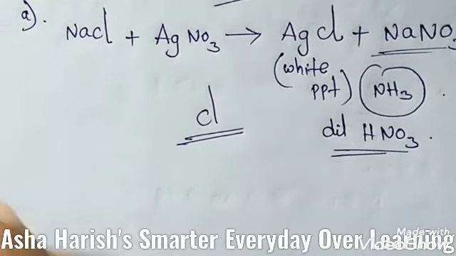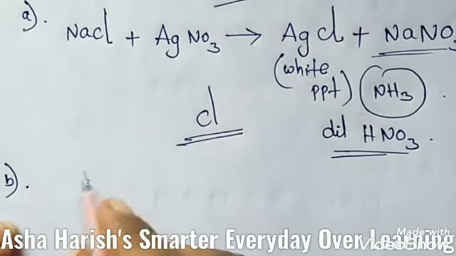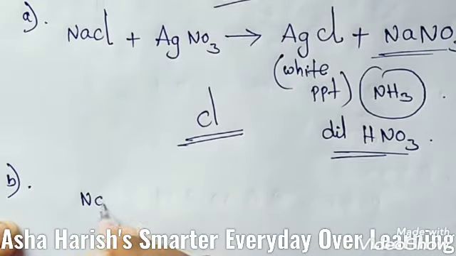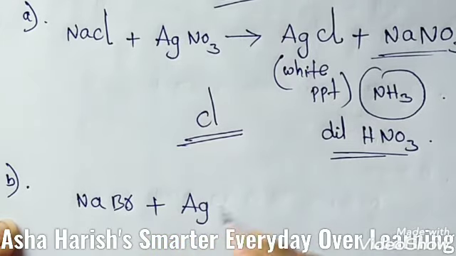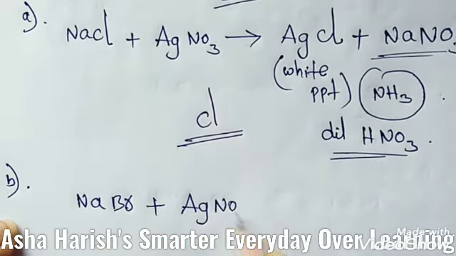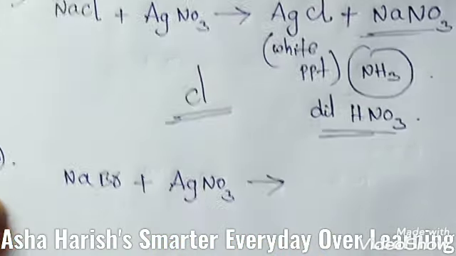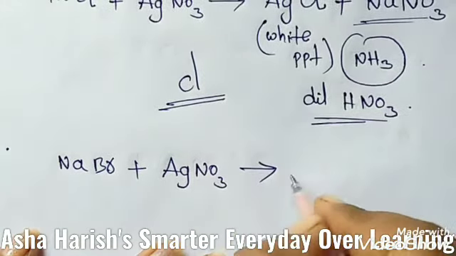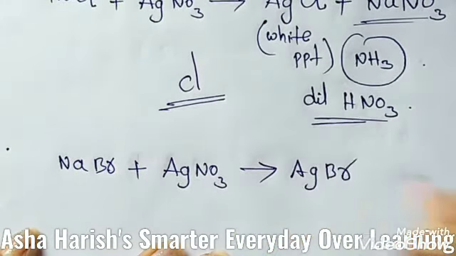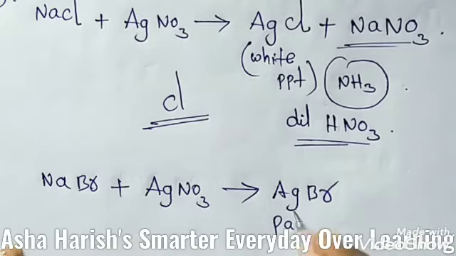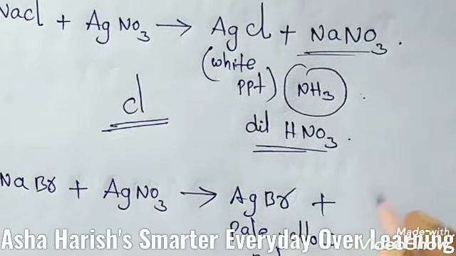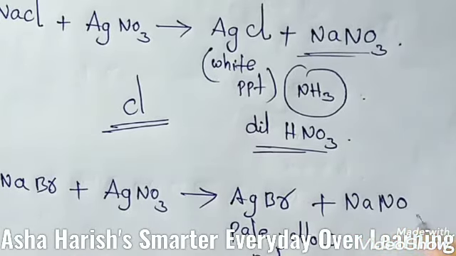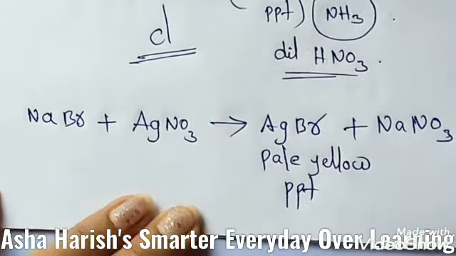Next one, for a yellow color precipitate, NaBr. To this organic compound, if you add again silver nitrate, then students, AgBr, silver bromide, is formed, a pale yellow color precipitate, and along with that NaNO3, sodium nitrate, also will be formed.